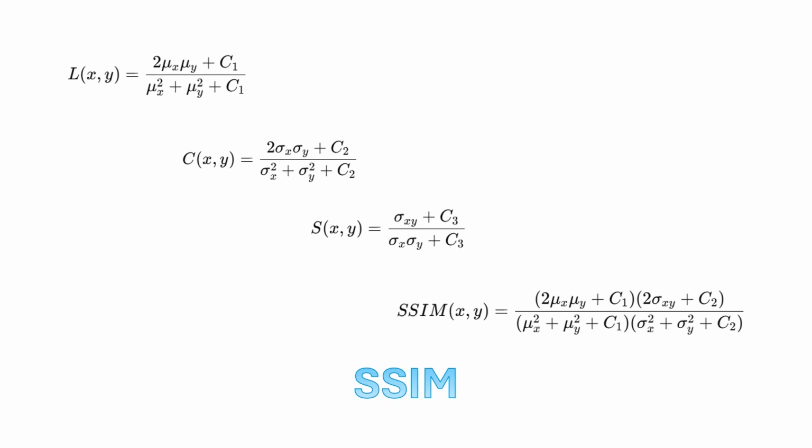It uses color images, so L here is a luminance channel, C is a contrast, and S is a structure. Mu is the mean values of the two images that we're trying to compare. These constants C are in there just to avoid infinities in these ratios. And then there's a weighted metric you can take over all these parameters to get the structural similarity, which is usually a number between 0 and 1.